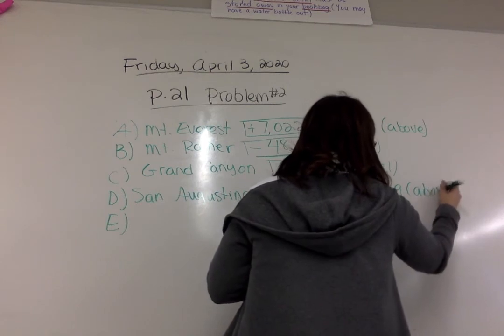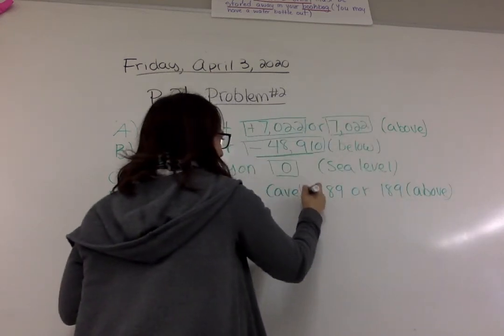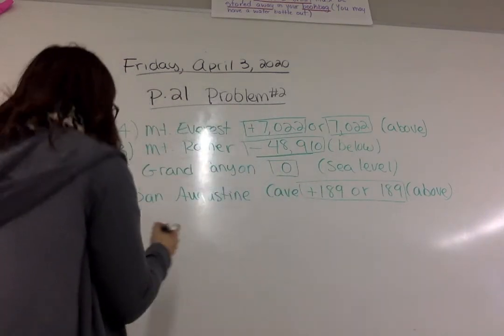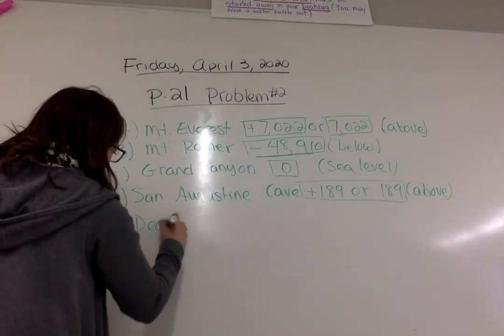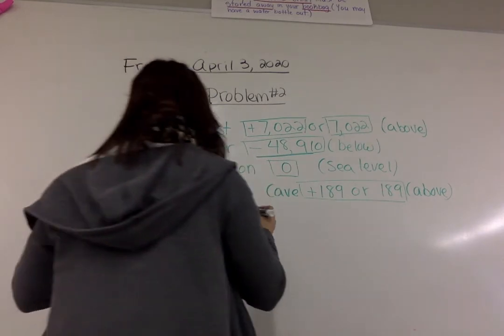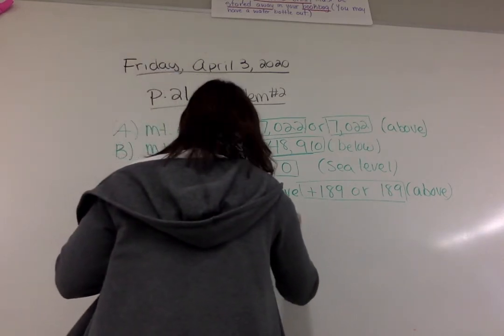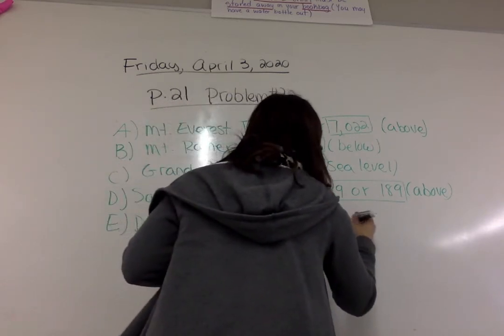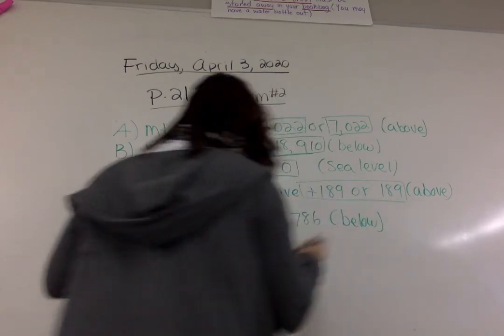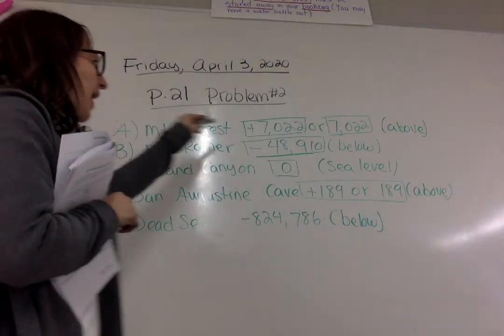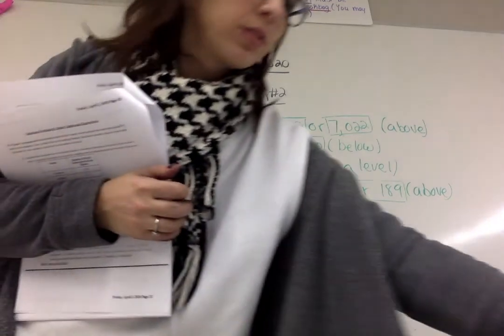Either one of these is correct. Last but not least, we have Dead Sea. Dead Sea is below. Below is negative. So 824,786 is below. All I did was rewrite the artifact and put it as an integer.